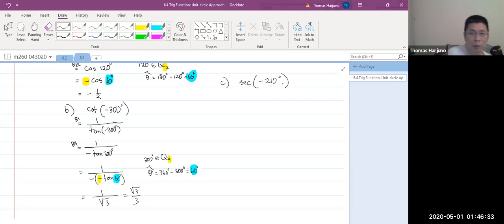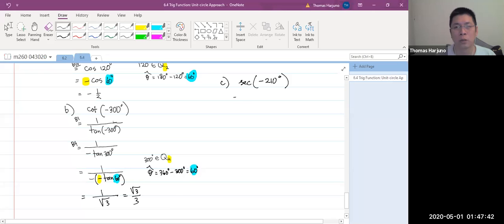I give you maybe 2 or 3 minutes. This is 1 over cosine of negative 210 degrees. Cosine of negative is cosine positive. Okay, that's how far I go. Then from there, I start the routine.